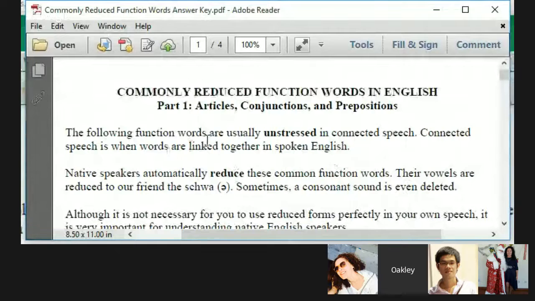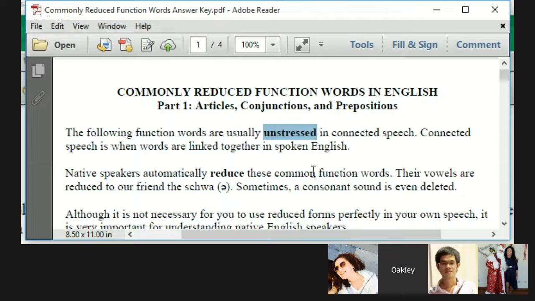Function words, which we're going to be looking at today, are usually unstressed in connected speech. Connected speech being, of course, sentences when we link together words. Native speakers automatically reduce the pronunciation of these common function words.